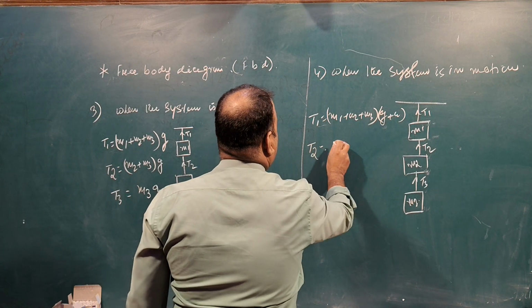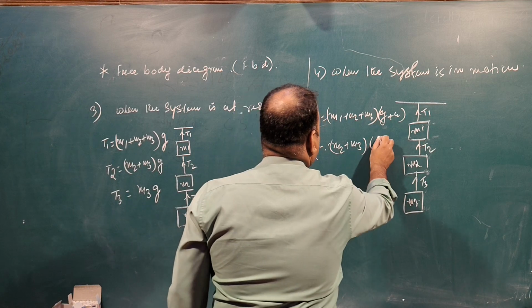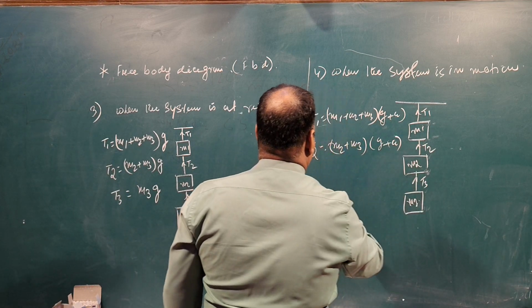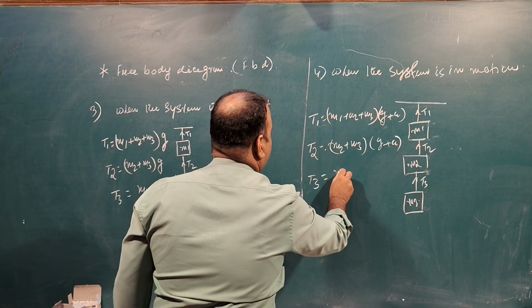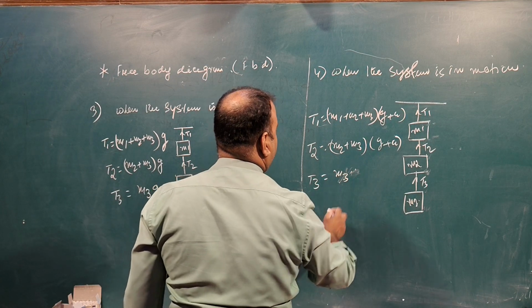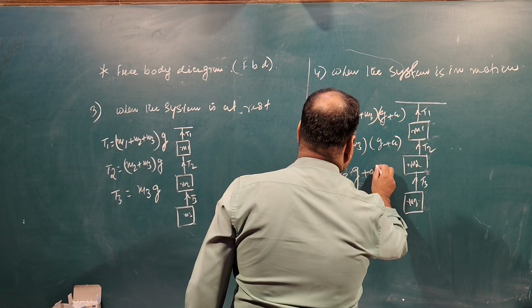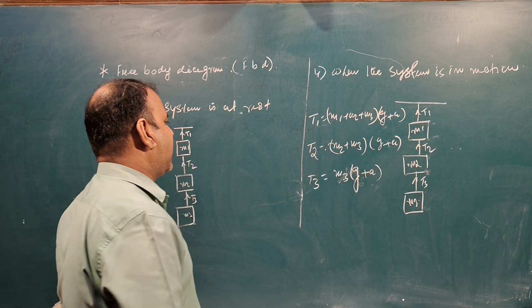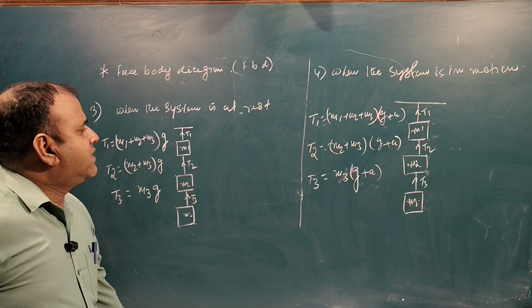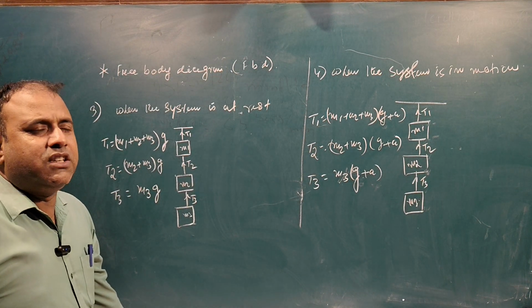Again, T2 will be M2 plus M3 into g plus a. Again, T3 will be M3 into g plus a. So this is the basic idea of the formula, how to find the tensions T1, T2 and T3.